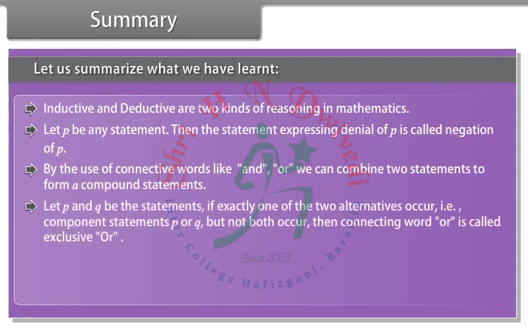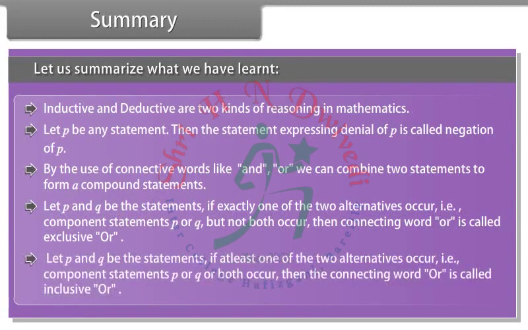Let P and Q be statements; if exactly one of the two alternatives occurs, that is, component statements P or Q, but not both occur, then the connecting word or is called exclusive or.